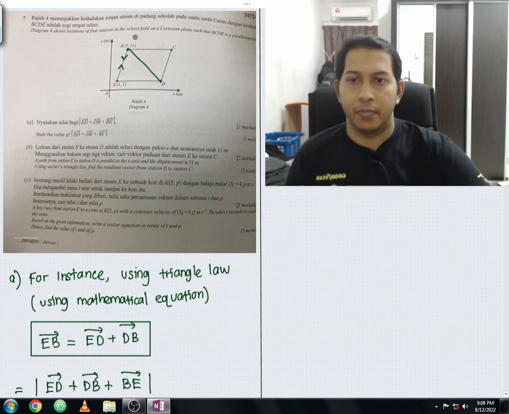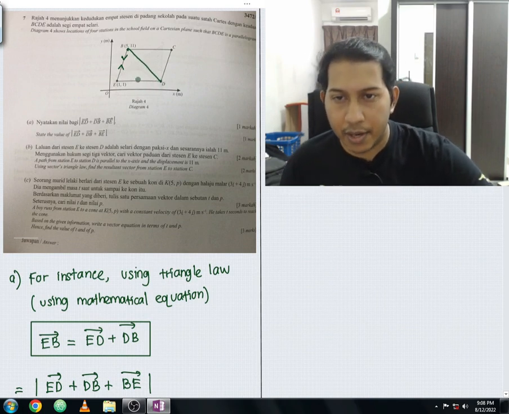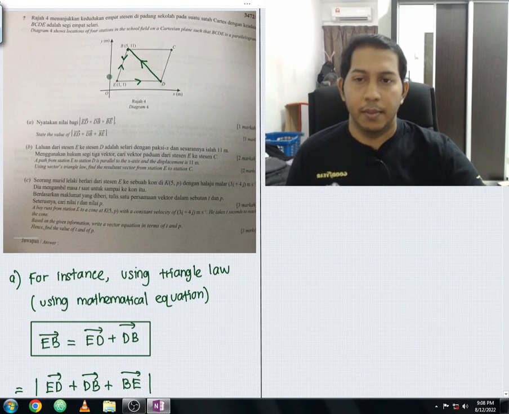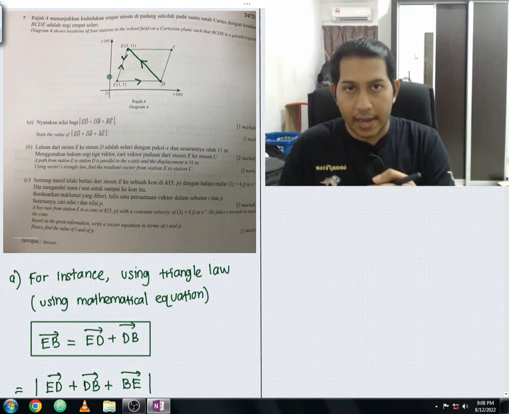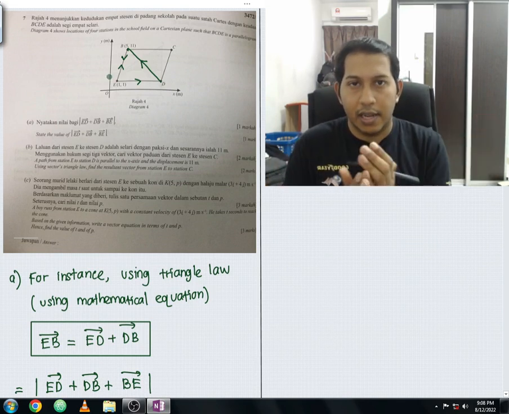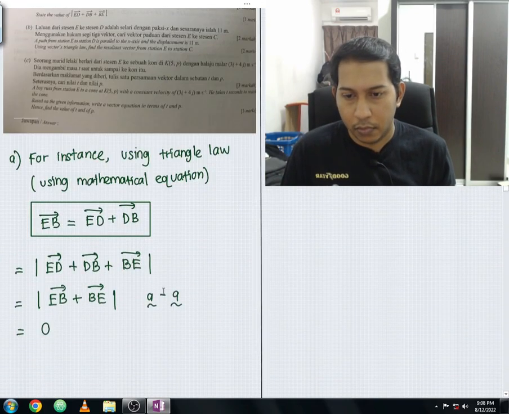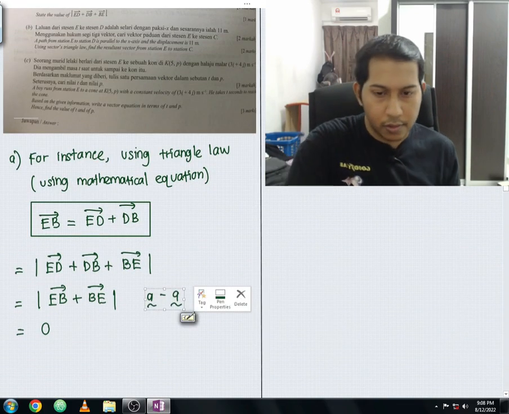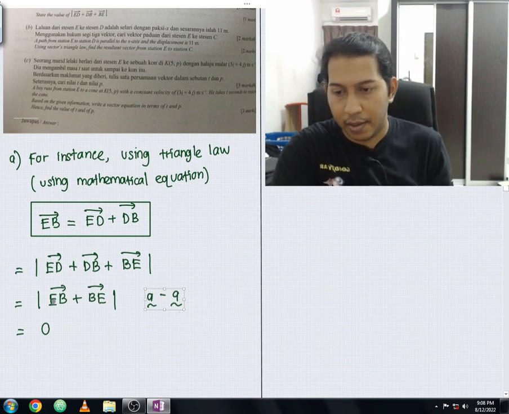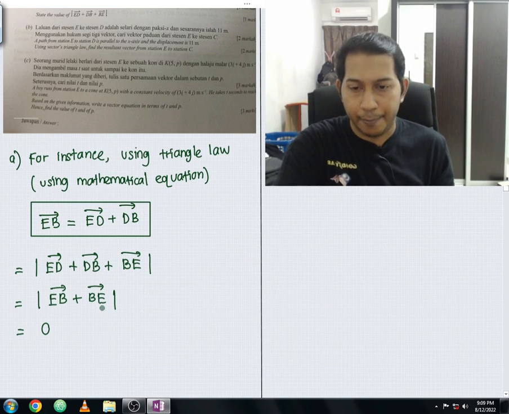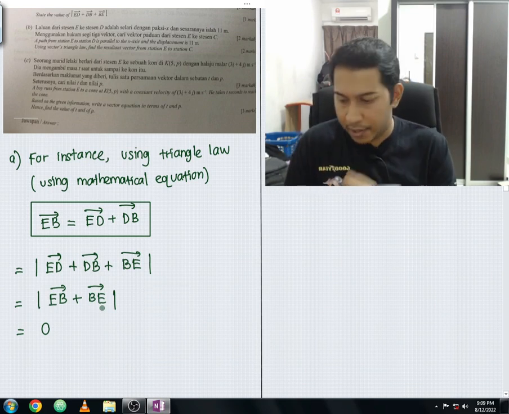To get the vector EB, it is ED plus DB, and then you add BE, the opposite direction itself, so the resultant of those two vectors is 0. This is just the explanation for vector EB and vector BE, guys, in case you didn't get it. So this is the mathematical equation.